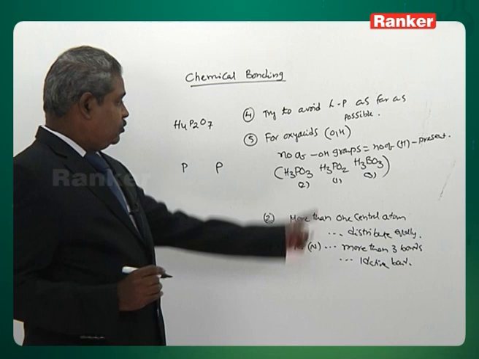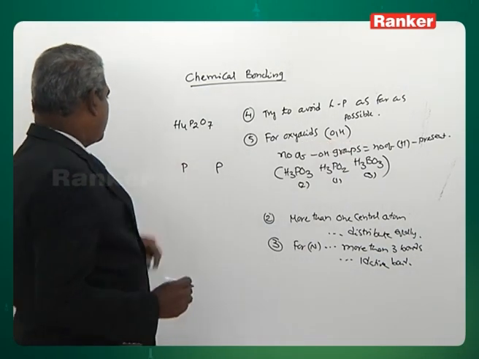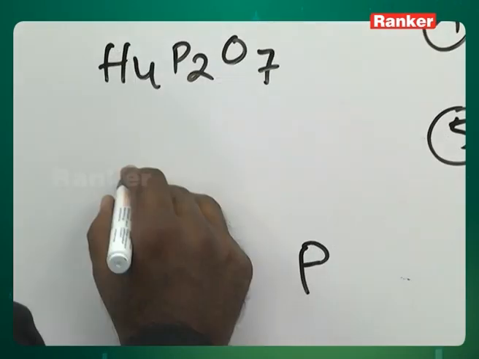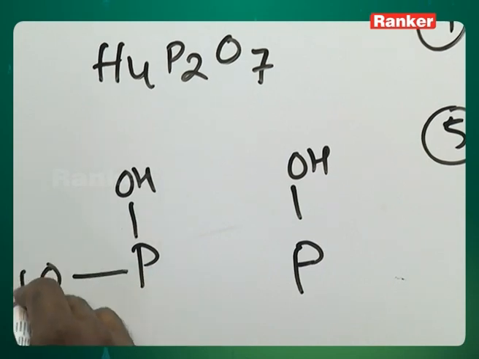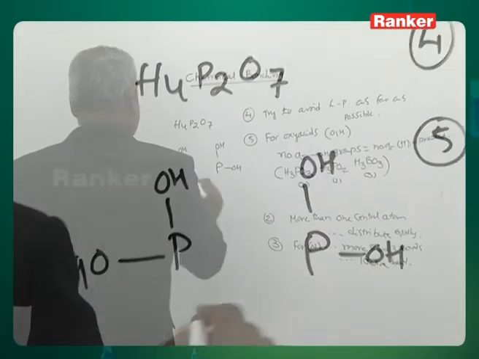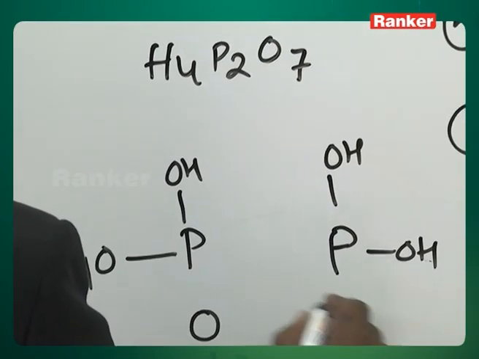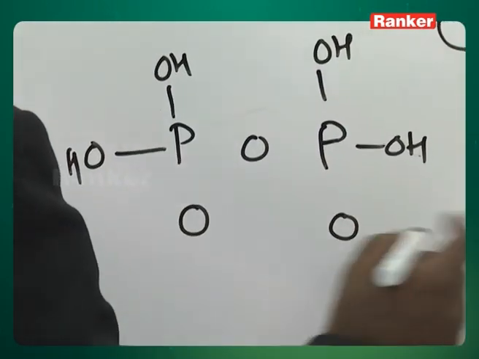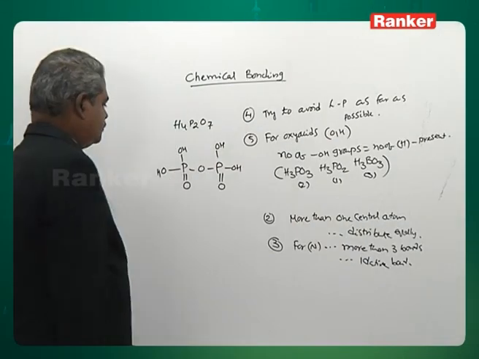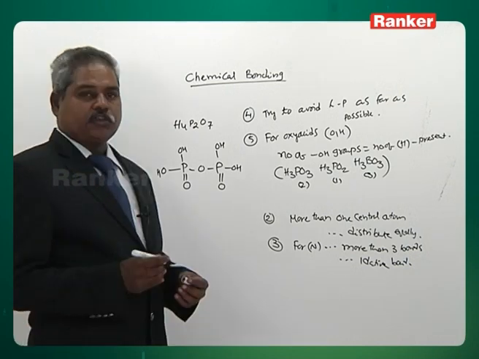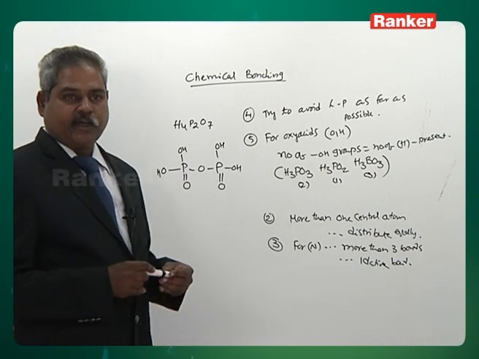The number of OH groups is equal to the number of hydrogens present. 4 hydrogens, 4 OH, distribute equally: 1, 2, 3, 4. And 3 more oxygens, 1, 2, 3. What is the role of oxygen? Forms 2 bonds. That's all. For oxy acids, the number of OH groups is equal to the number of hydrogens present.